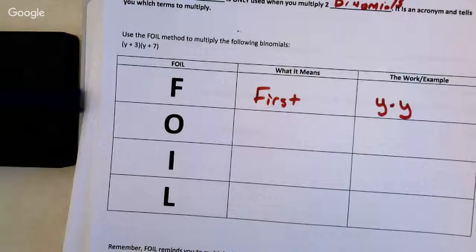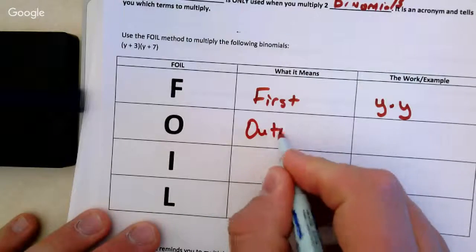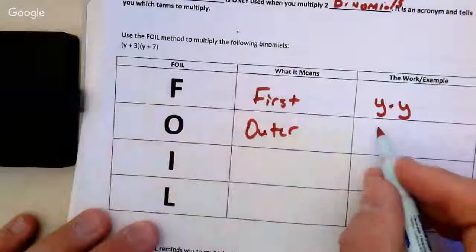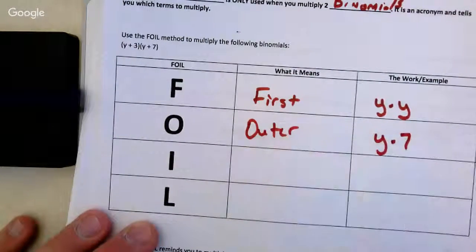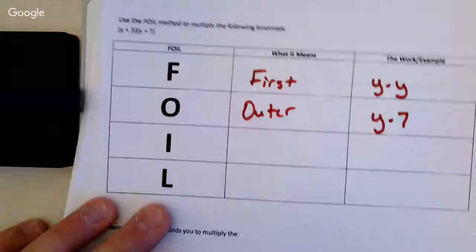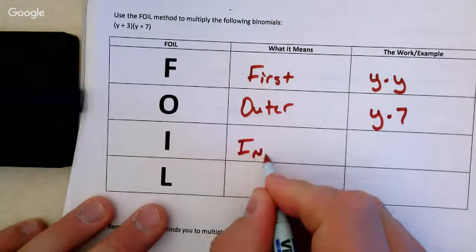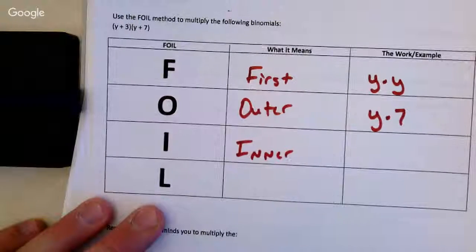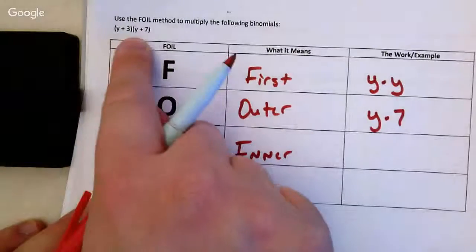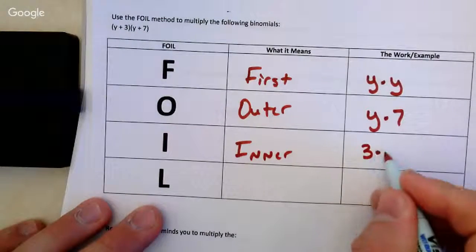Somebody else, what's the O stand for? Outer. Good job. Outer. Which are the two on the outside? In this one, I'm going to multiply y times 7. I stands for the inner. In this case, the two on the inside, which is 3 times y.